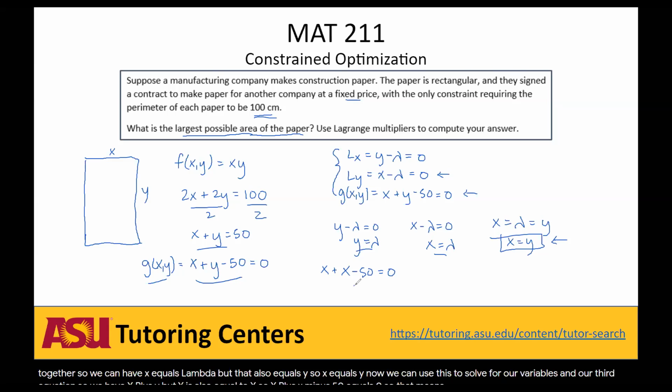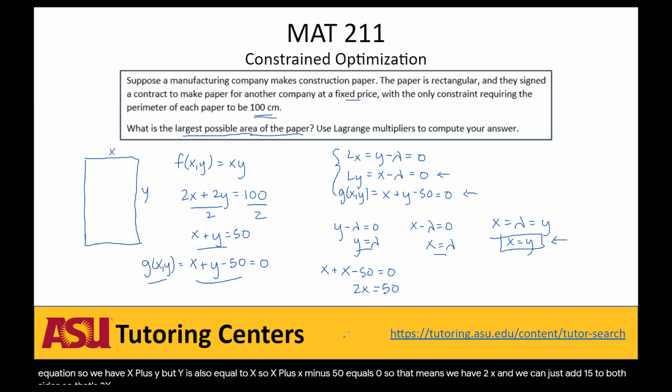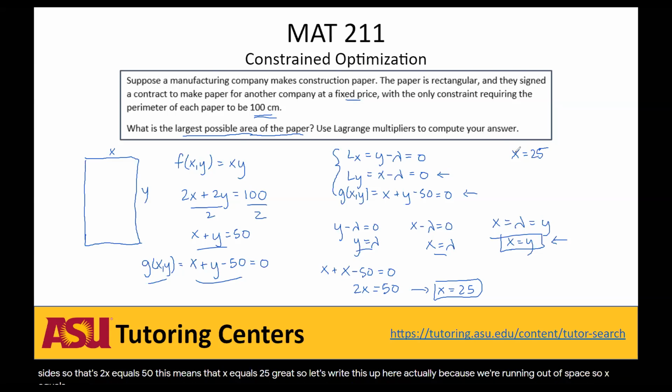So that means we have 2x, and we can just add 50 to both sides. So that's 2x equals 50. This means that x equals 25. Great. So let's write this up here, because we're running out of space. So x equals 25, we know that to be true.